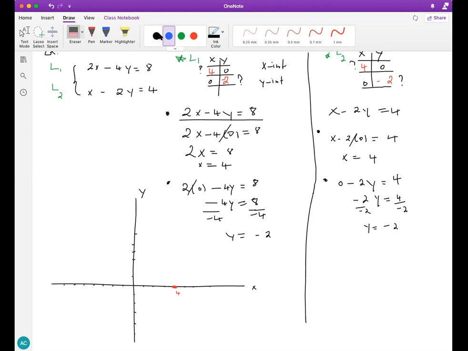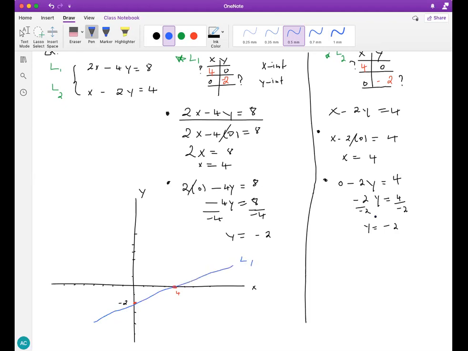So where would this point be now? 0, -2 will be, start from 0, go down to -2, which is here. Okay, so this is the first line. Because it's a negative here, we didn't put the negative here, so it has to be something like this.